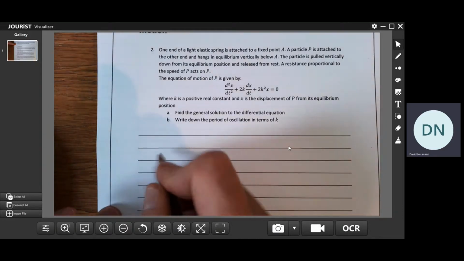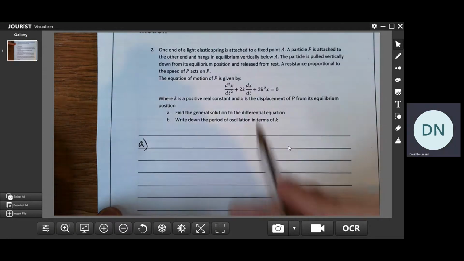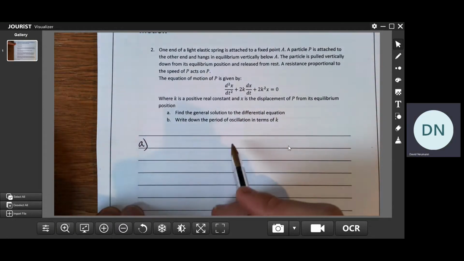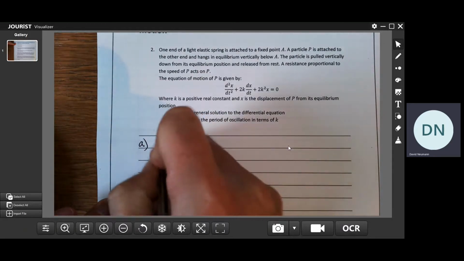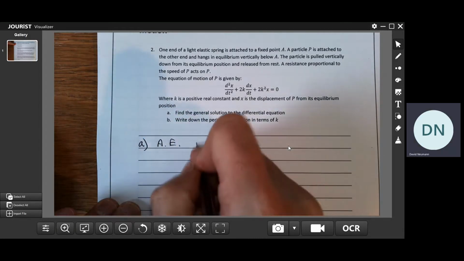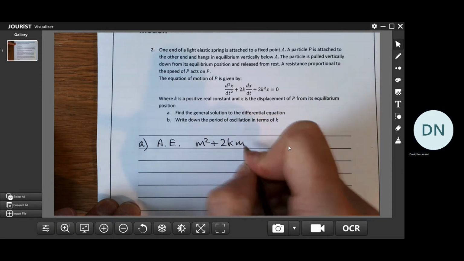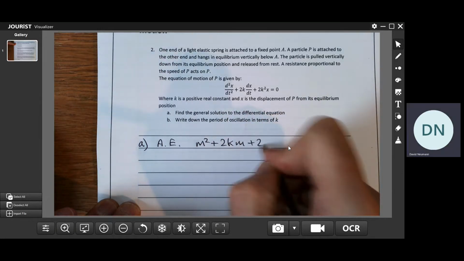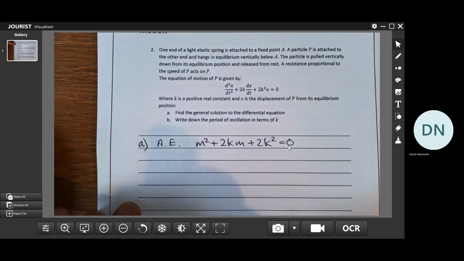So for A, this is a little bit more algebraic. We're missing some numbers here, but we can still follow the same method. So we're going to write the auxiliary equation, which is going to be m squared plus 2km plus 2k squared is equal to 0.